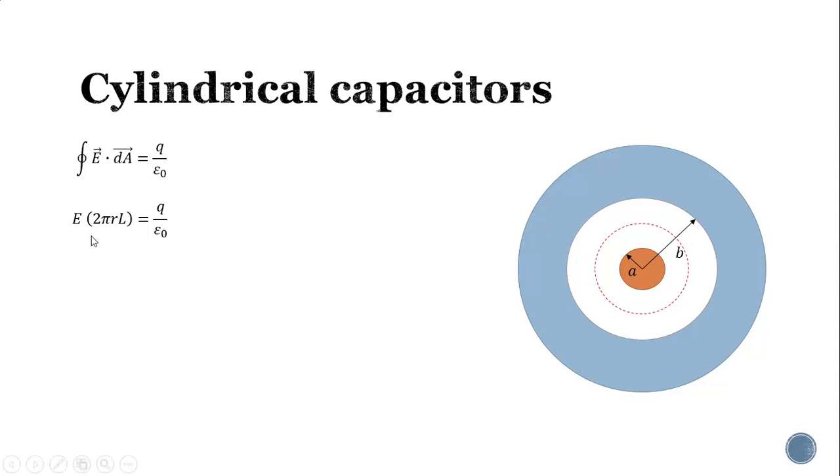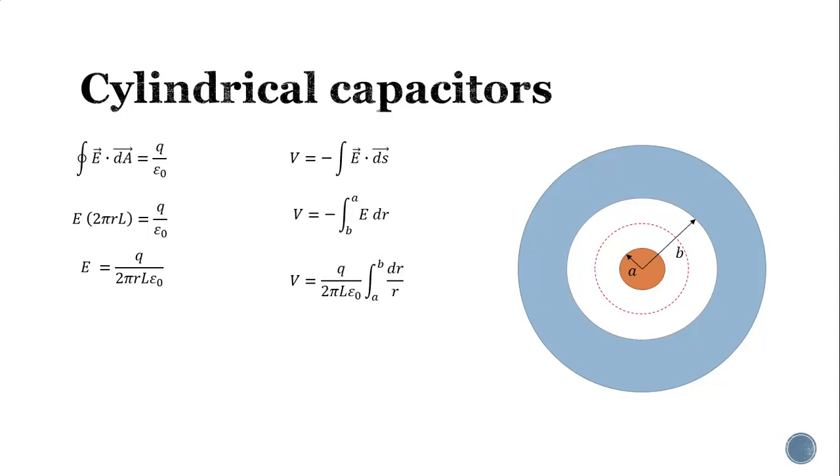If we use Gauss's law to calculate the electric field in between these two cylinders, we'd use a cylindrical electric field. So its surface area would be 2 pi r times L, where L is the length. And so there would be our electric field. If we apply the idea that voltage is electric field dot ds, in this case the electric field does vary based on r. If we plug in everything, we get this expression for voltage if we do the calculus.